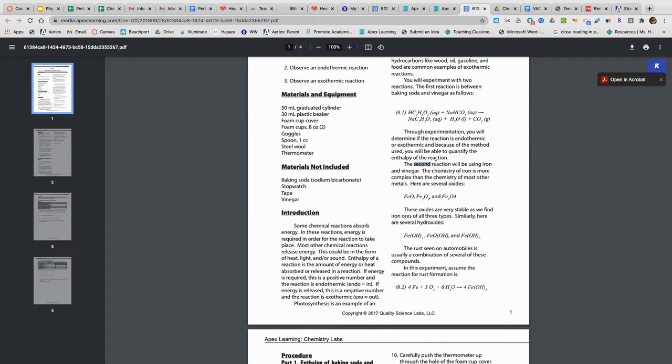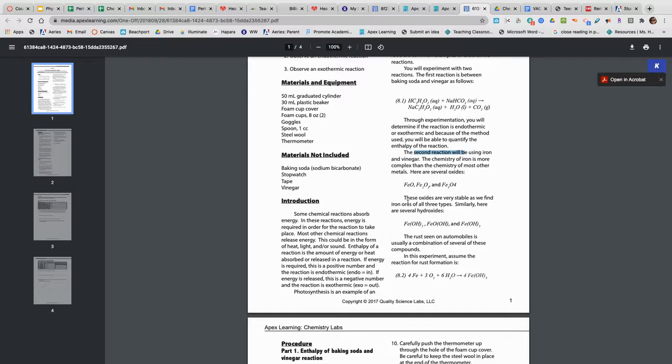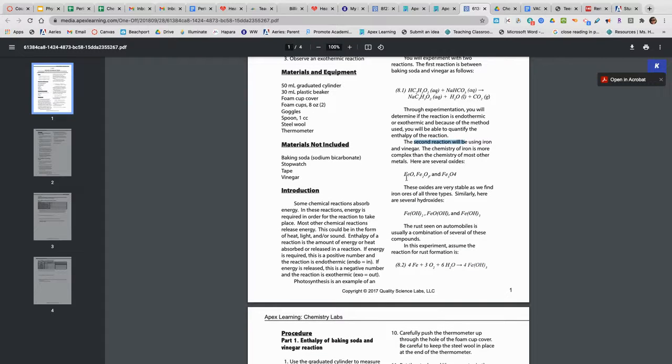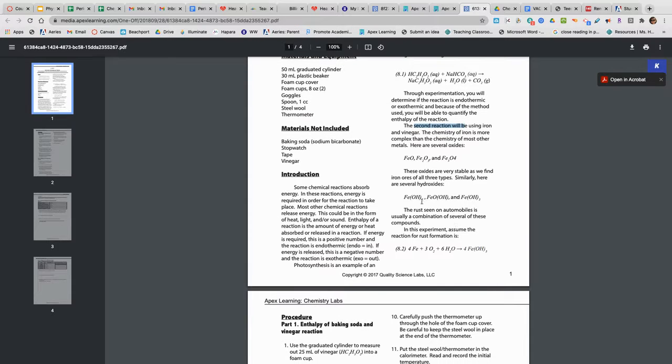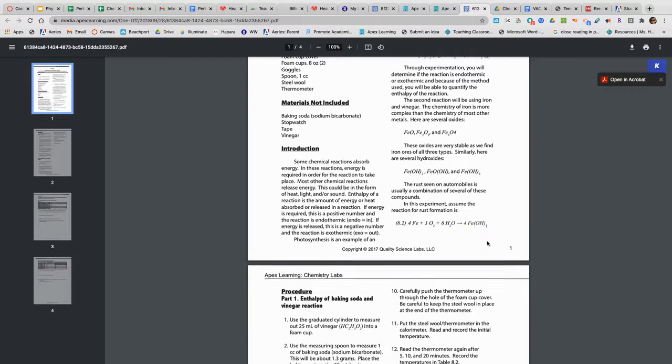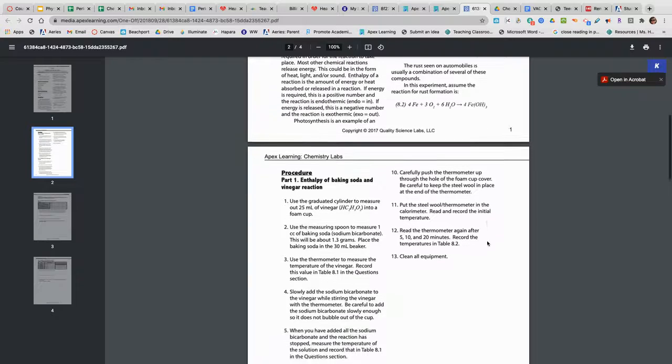The second reaction you're going to be looking at is iron and vinegar, to form an iron oxide. There are several oxides, it tells you, and some hydroxides. In this experiment, assume the reaction for rust formation is the following. So make a note of that. That's the reaction you're going to be running in the experiment itself.